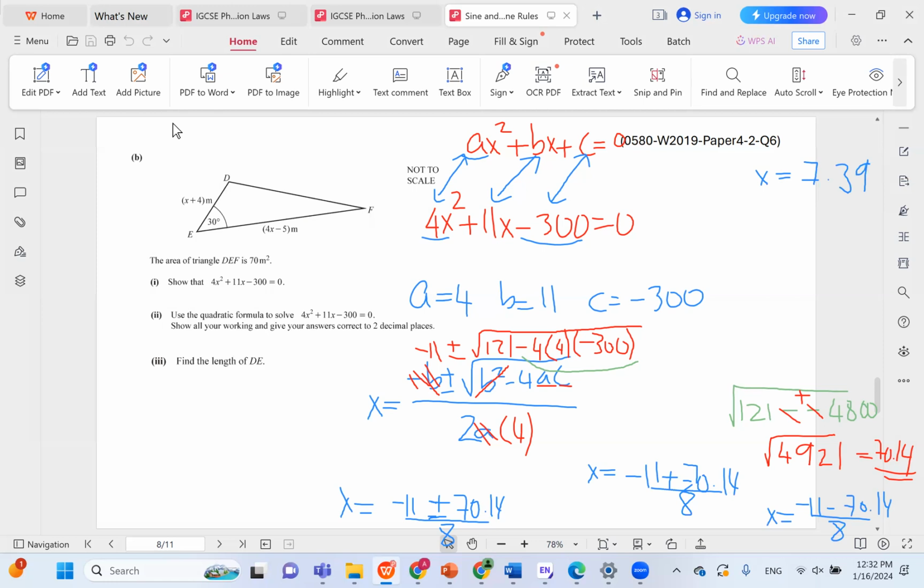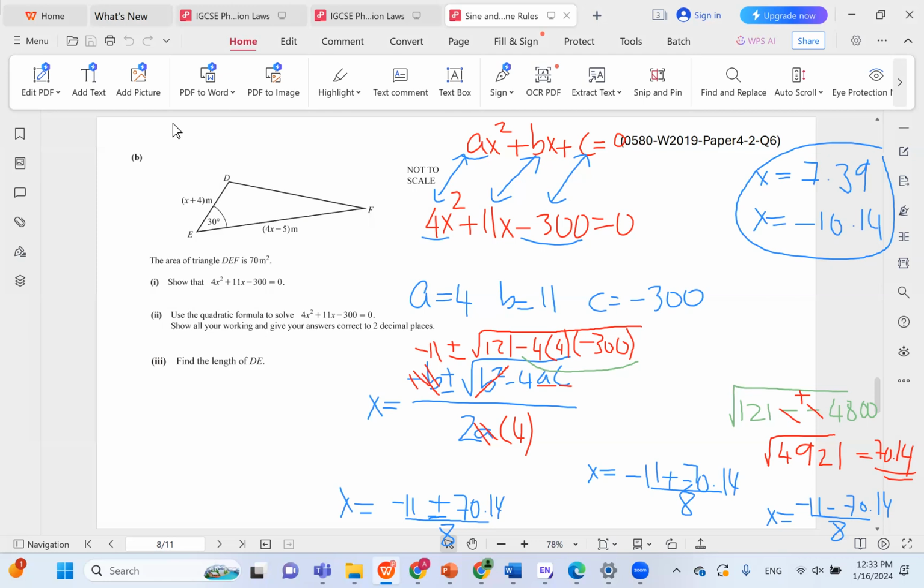And for the second one, we have negative 11 minus 70.14, and this is divided by 8, so it's negative 10.14. So we have 7.39 and negative 10.14. These are our final answers to double I.